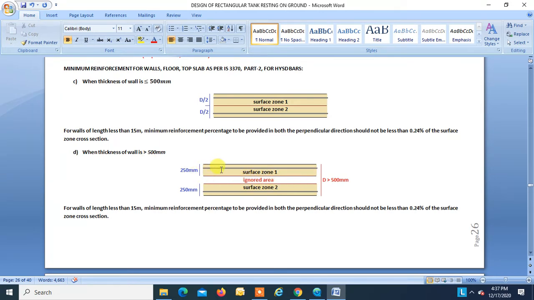You have to find the minimum steel equal to 250 mm into 1 meter cross sectional area into 0.24, and the bottom steel over here will be 250 into 1 meter into 0.24, right? So this is the minimum steel you have to provide in both perpendicular directions, that is horizontal and vertical, over here also horizontal and vertical.